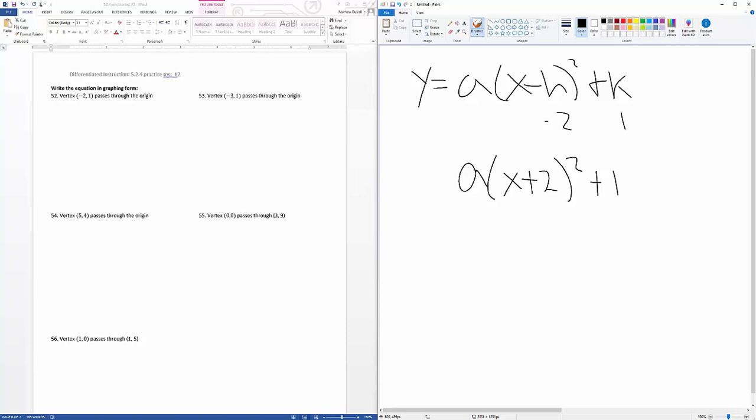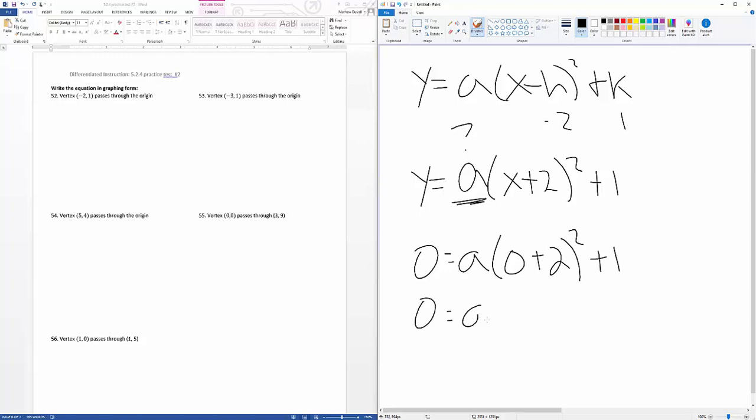Now the passing through the origin, that tells you what your x and y is, because we still need to find a. I don't know what a is. So when I use that other point, that gives me a value for x and y. So now the only variable is a, and then I just solve for a. So if I plug in the origin, 0, this becomes 0 equals a times 4 plus 1.